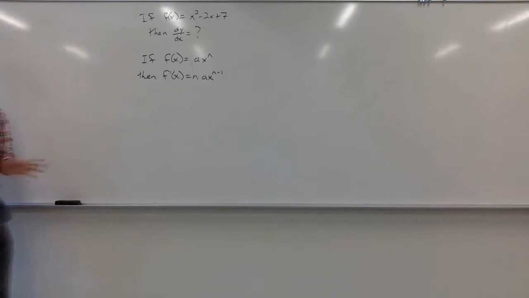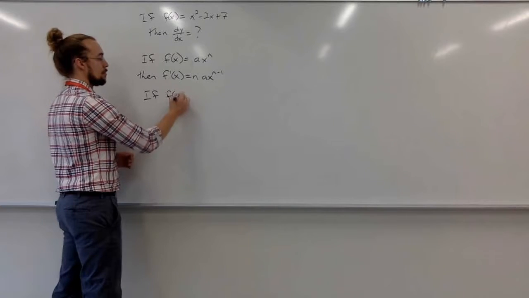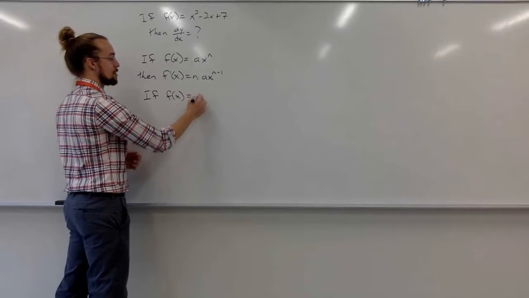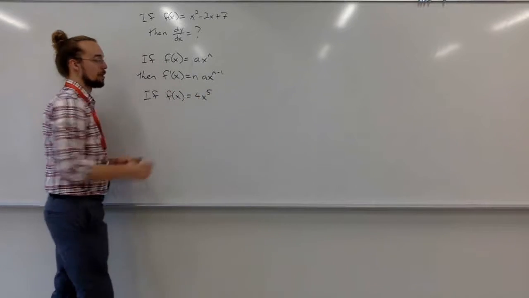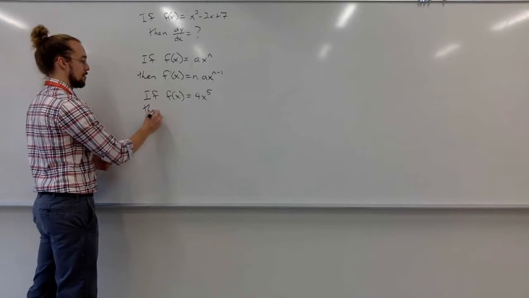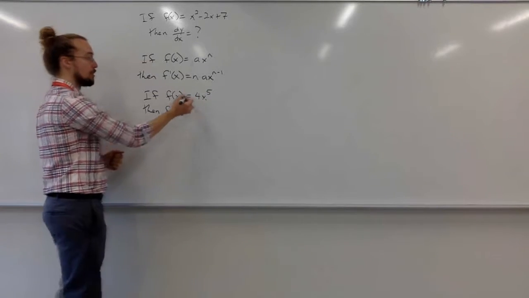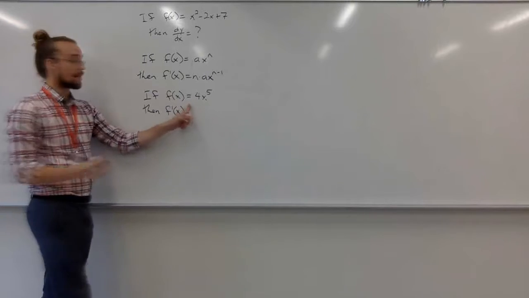So for example, if I say that my function is 4x to the 5th power, then for its derivative, I bring the exponent down, and I can multiply those together.